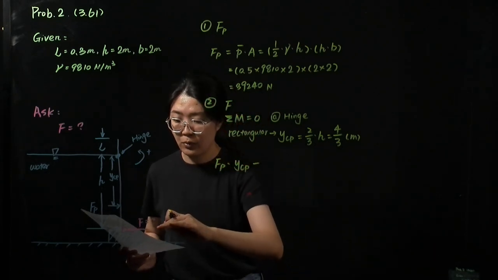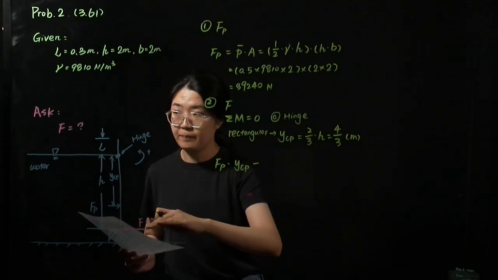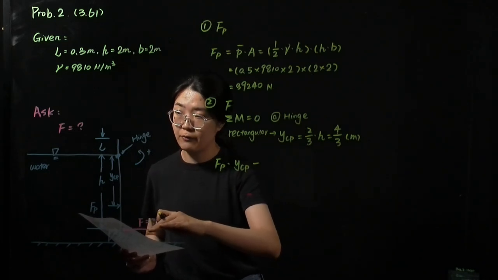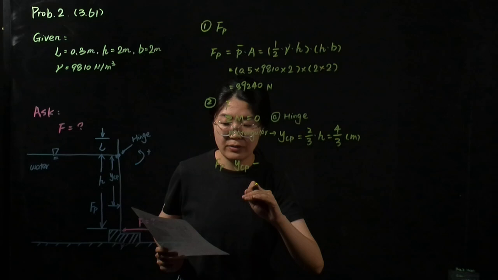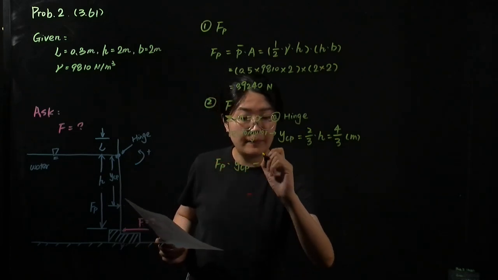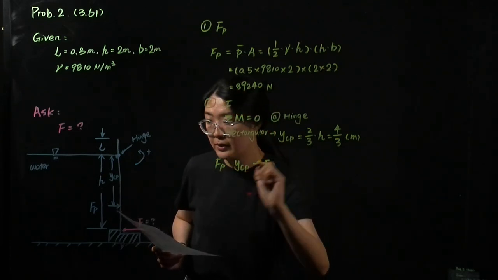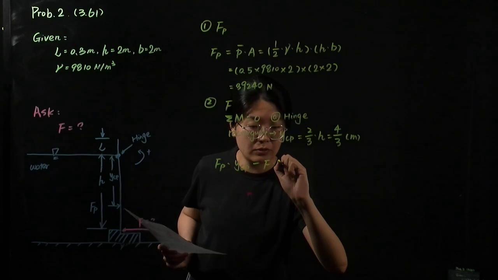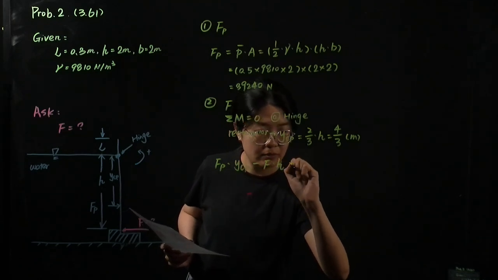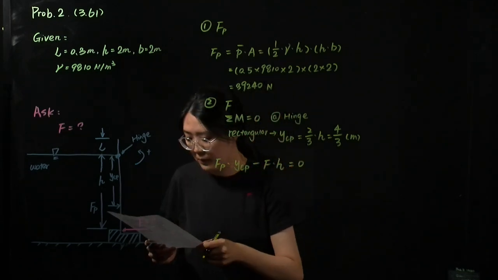And because the direction of this force is clockwise, we minus the force times distance, it should equal h, so it will equal 0.